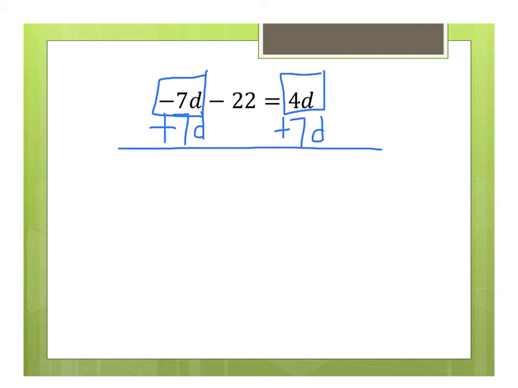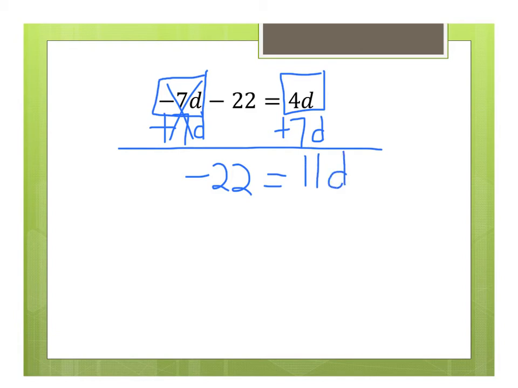So since it's a negative 7d, I'm going to add 7d to both sides. When I add 7d to both sides, I have a negative 22 equals 4d plus 7d would give us 11d.